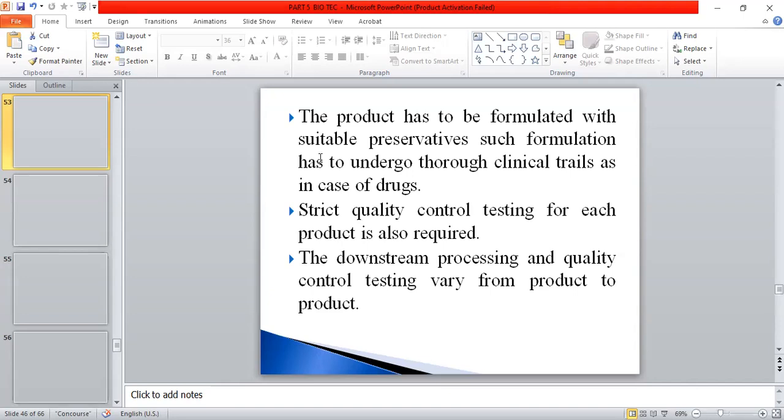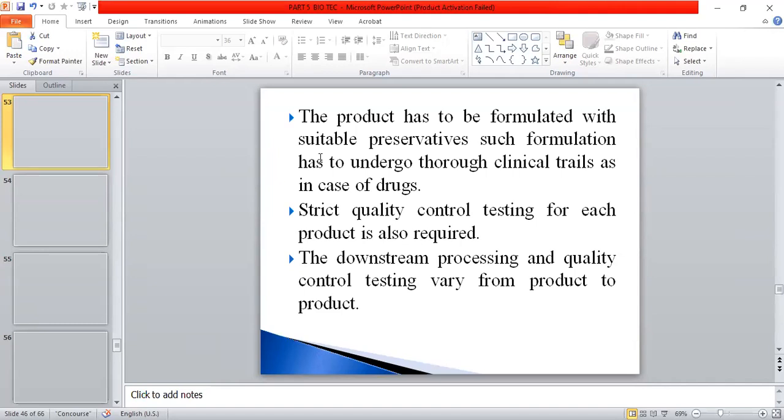For example, if you are introducing an antibiotic, even take the example of the COVID vaccination, after the invention of the vaccine, they introduce it only to mammals and animals first, not directly to human beings. Only after that stage do they introduce it to the market and to human beings. They will not directly introduce it to human beings.